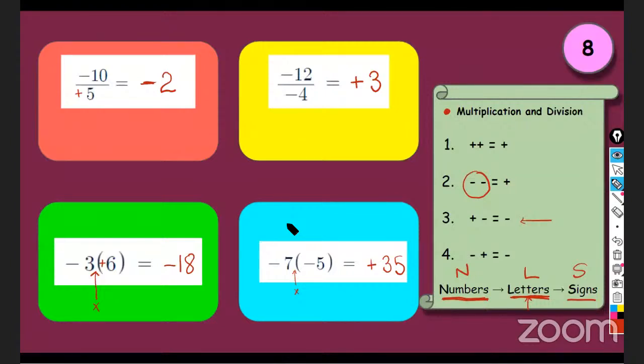A few people were asking, well, how come we don't put back the sign of the larger number? Like for this question, the 6 is larger than 3. Now, the 6 has a positive sign. Isn't the sign of the larger number rule associated with addition and subtraction?